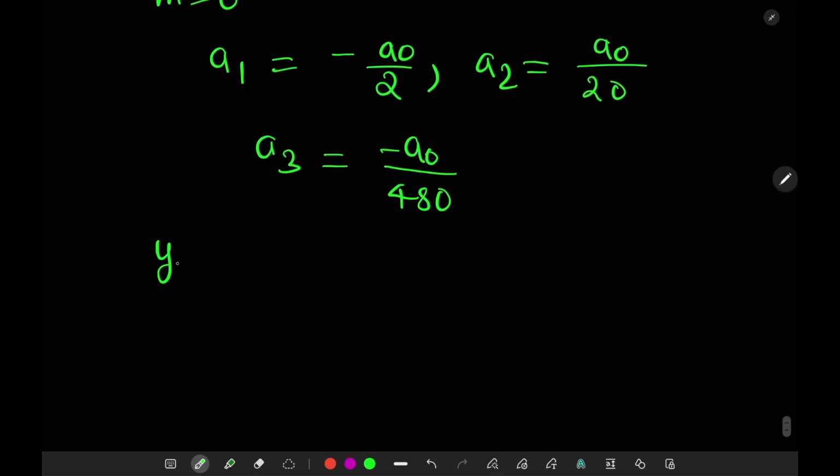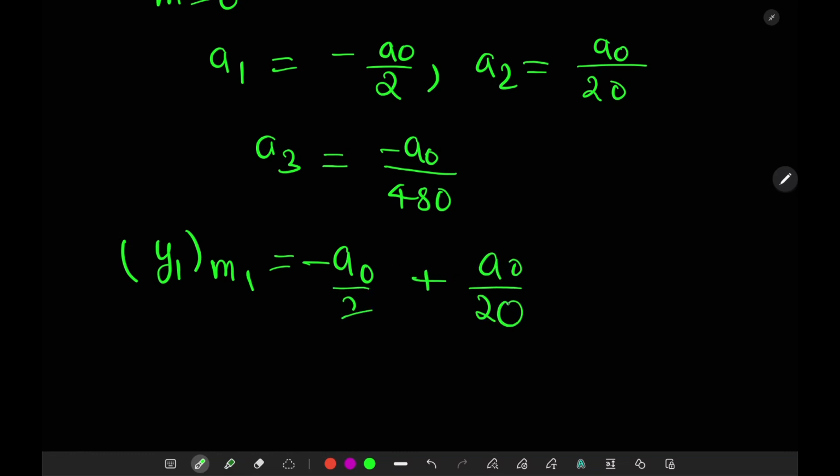So y1 for m1 is equal to, taking, now write this, this is the value of a1.